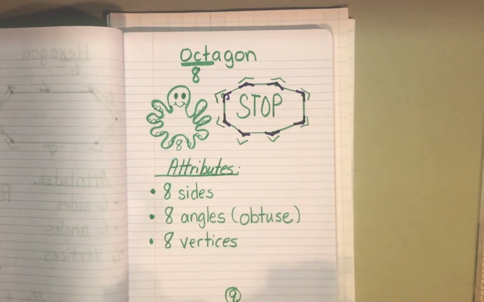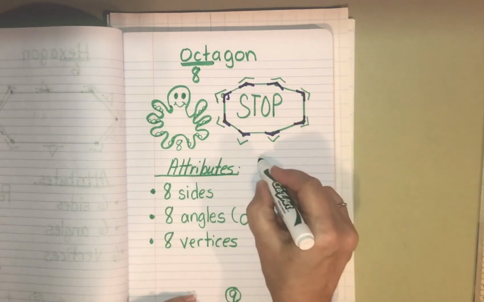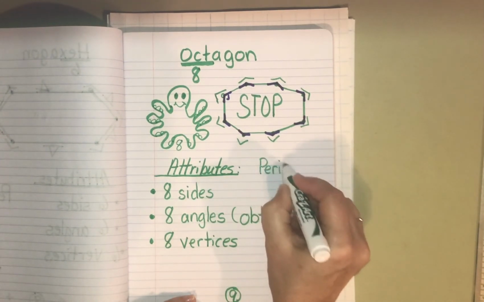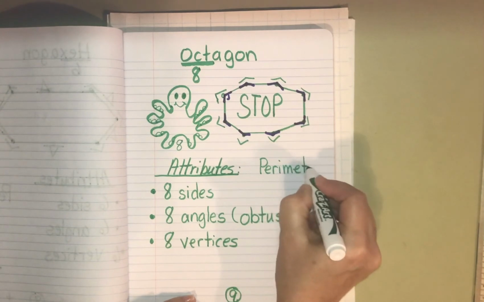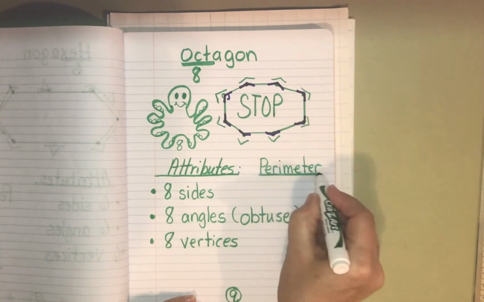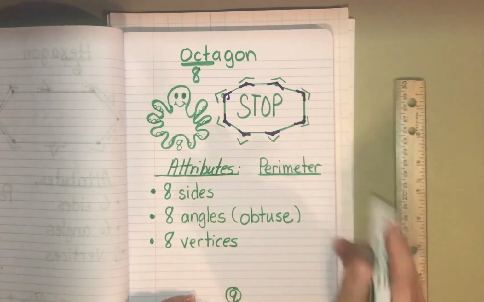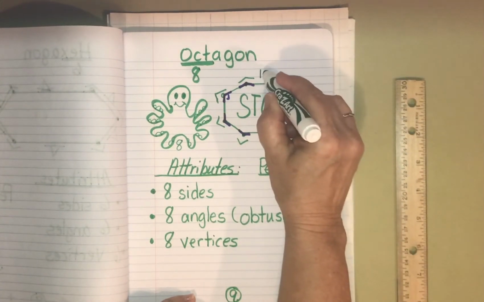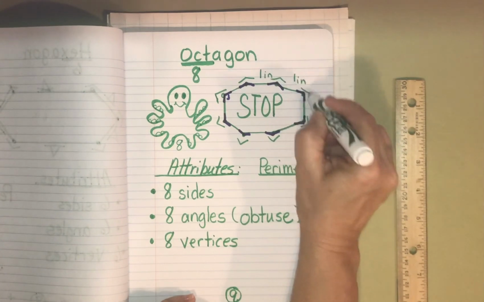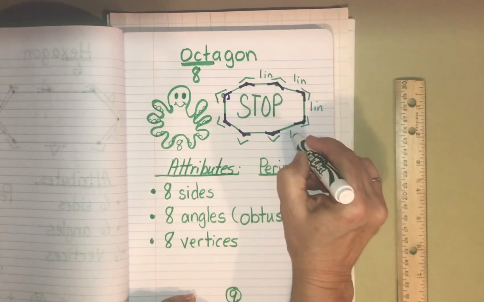Now let's go ahead and figure out that perimeter. I think you guys are going to like this. For the perimeter, we need to add all of the sides. Now remember when we used our ruler, what was each side? 1 inch, 1 inch, 1 all the way around.